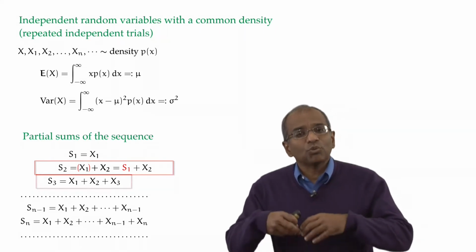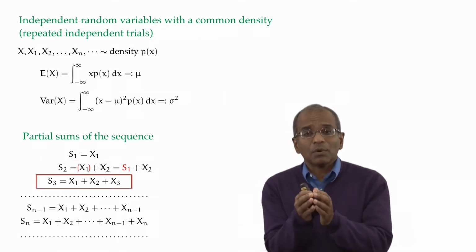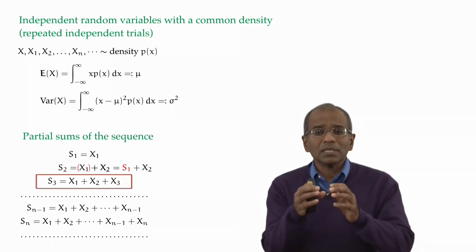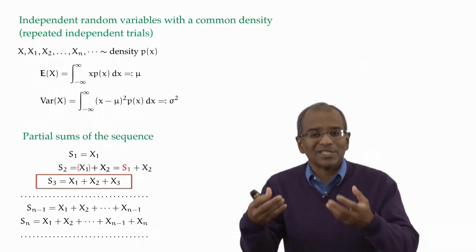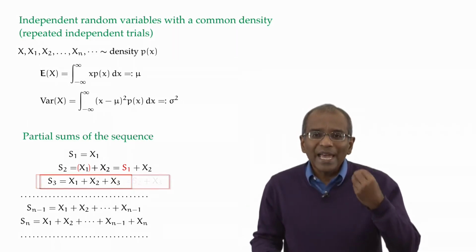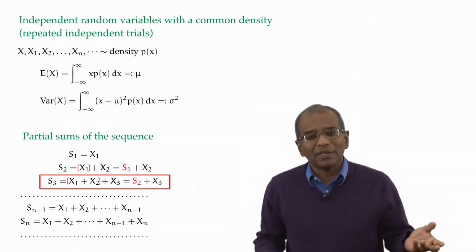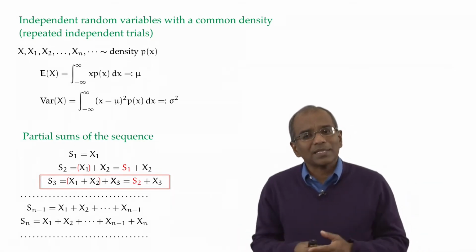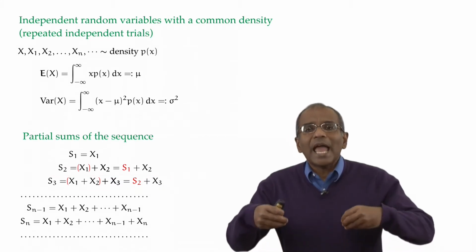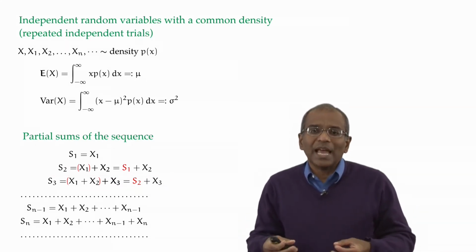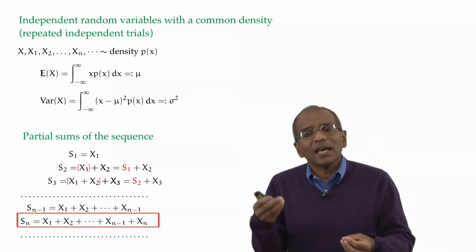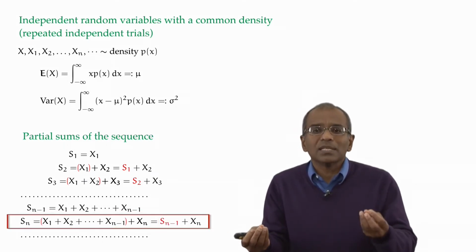Similarly, S3 is the sum of X1, X2, and X3, but X1 plus X2 is S2, and therefore S3 is S2 plus X3. And now we see an immediate pattern. For the nth partial sum, Sn is Sn minus 1 plus Xn.